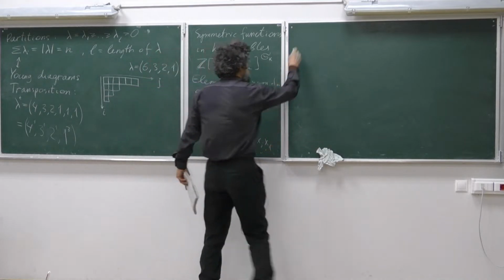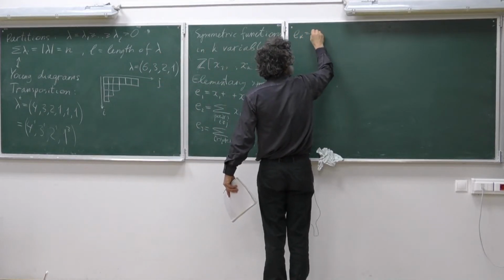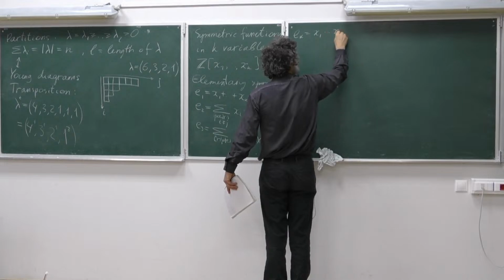And then finally ek will be just the product x1 through xk.